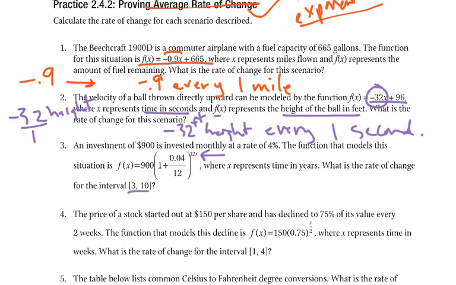So what we have to do is find what happens at 3 and what happens at 10. So we'd go 900 times 1 plus 0.04 over 12, to the 12 times 3. Okay, plug 3 in for x. We figure out what that means, and we figure out what the 10 means, and using that, we find the difference. So I would just put this into my calculator.